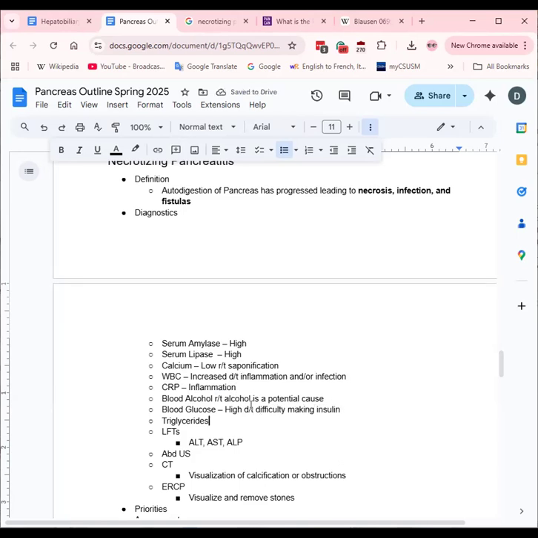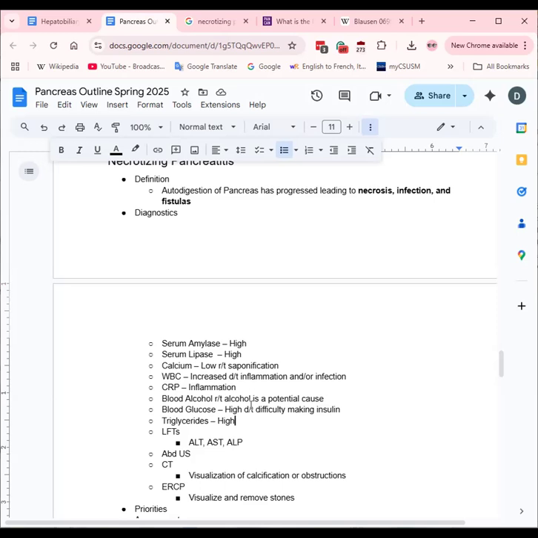Your triglycerides, aka your fats, will probably be high just because you're lacking some of the things used to break it down. So it's gonna have a hard time going down. Again, the liver and the pancreas work together pretty closely, so you'll have alterations in your liver labs.